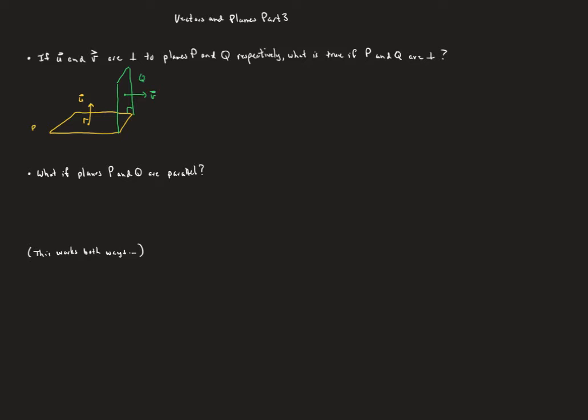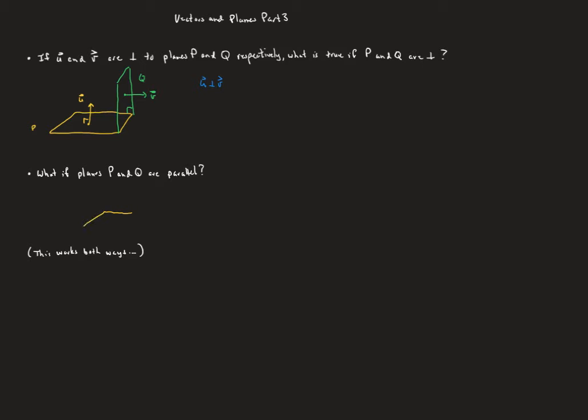So hopefully the conclusion you're coming to is that if the planes are perpendicular, then so must be their vectors, the vectors that are perpendicular to them, that is their normal vectors. And so that's really how we're going to decide if the planes are perpendicular, is if their normal vectors are perpendicular.